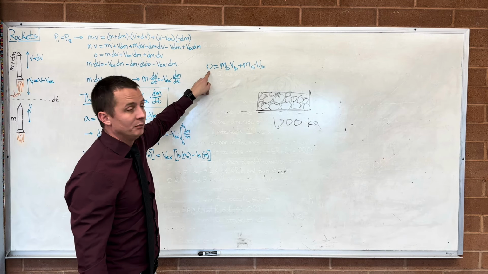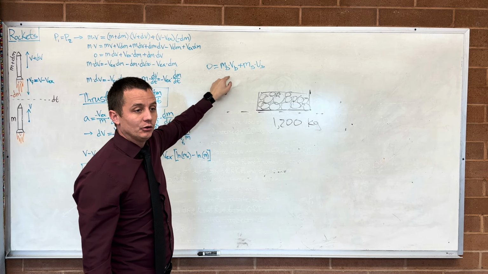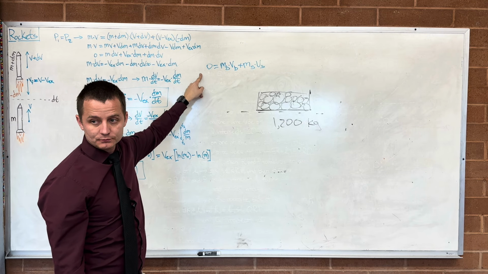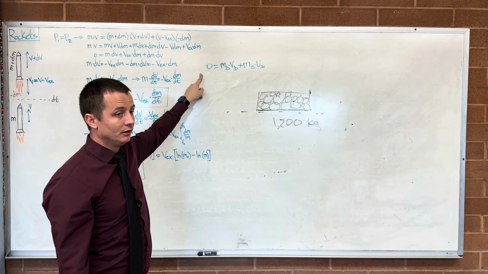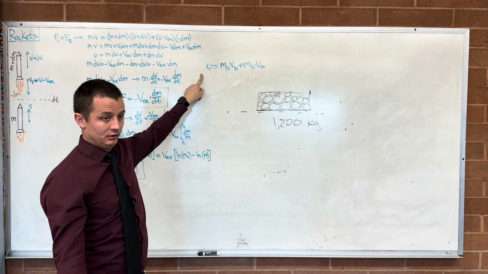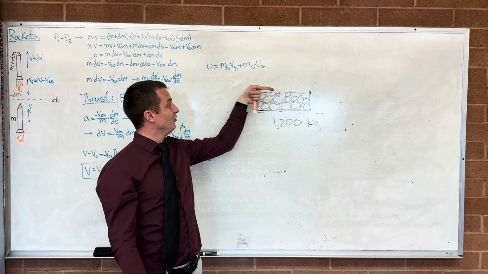What was the momentum before I threw the ball? 0. So the momentum after has to equal the momentum before. None of the internal forces increase the momentum. Throwing the ball is an internal force. You with me so far? If I throw the ball out this way, then we're going to move that way a teeny bit.